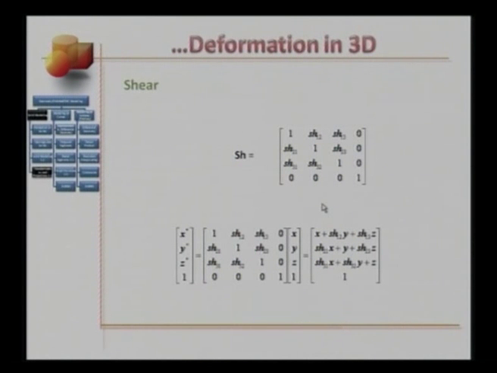We can check this out by multiplying the column vector of the original point x, y, z, 1 by this 4 by 4 matrix to get the new position.